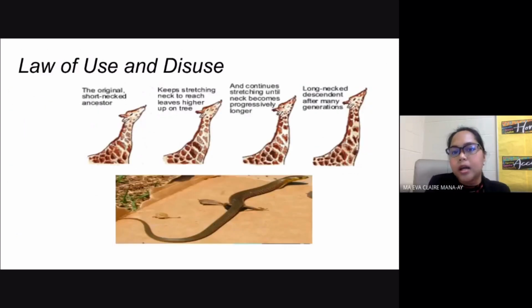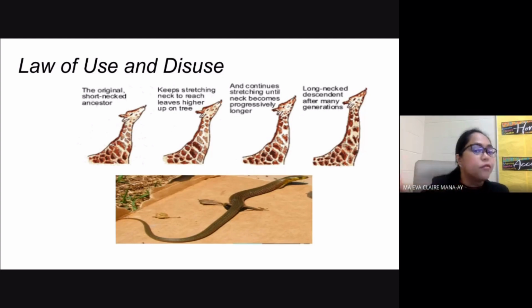Now, some other products of his law was, of course, the concept of the long necks of giraffes. People believed, according to Lamarck, the first generations of giraffes did not really have long necks. They only had short necks. But since they kept stretching their necks to reach the leaves higher up on the tree, eventually their necks became longer.